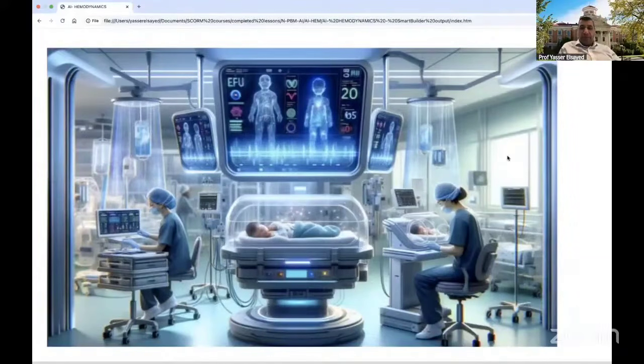The incubator will not be just a box of glass adjusting the temperature and humidity. Everything will be digital, and the humidity, temperature and oxygen inside will be adjusted based on the needs of the infant.